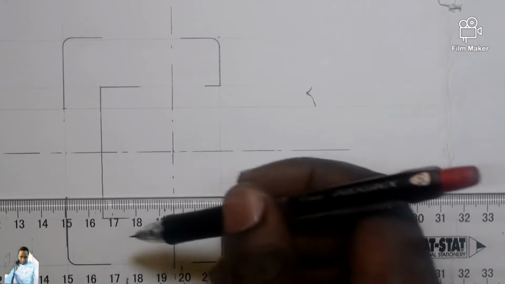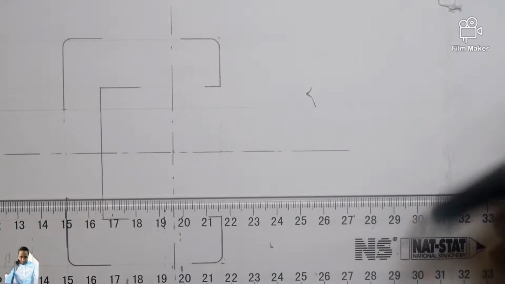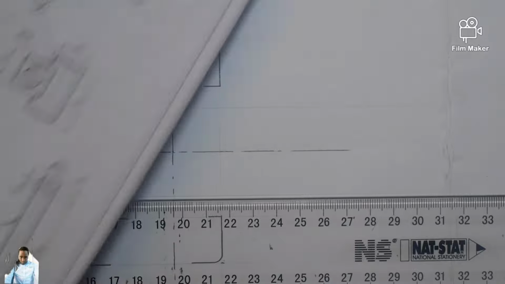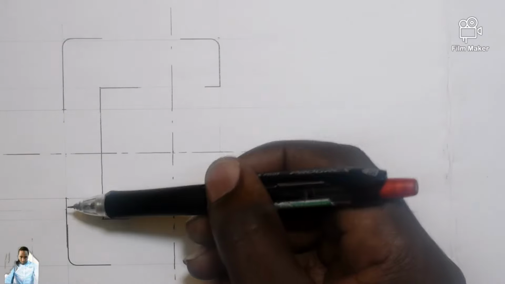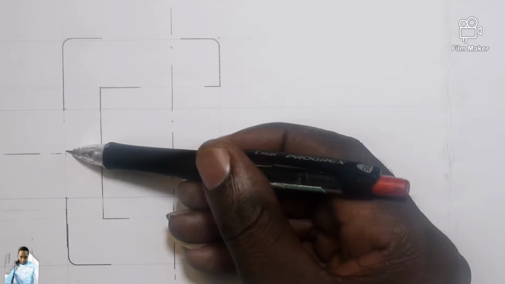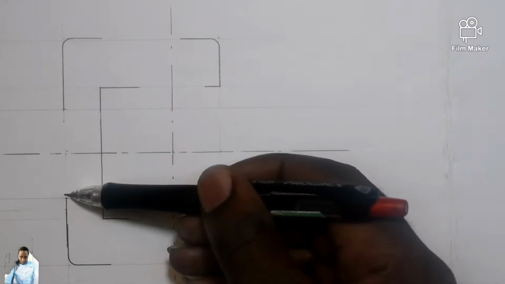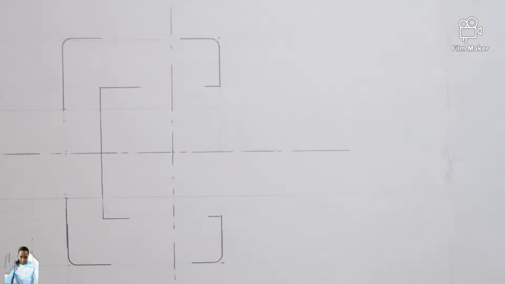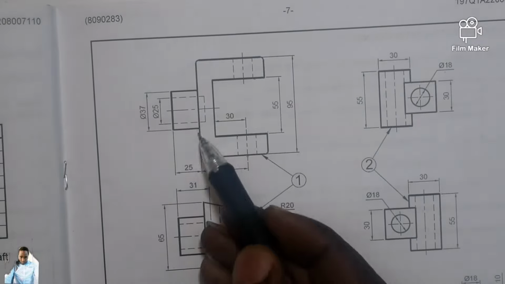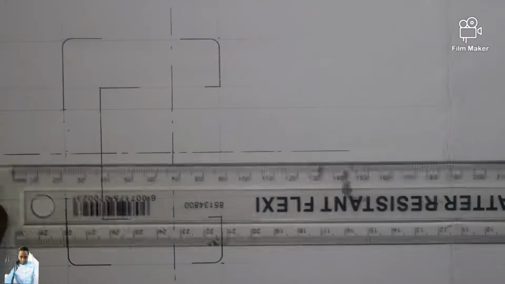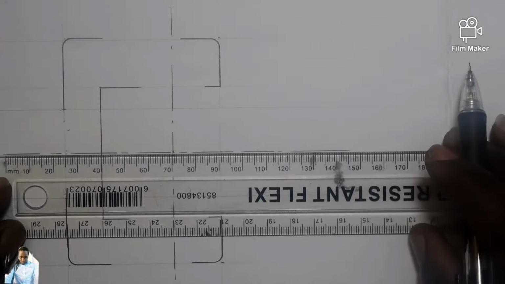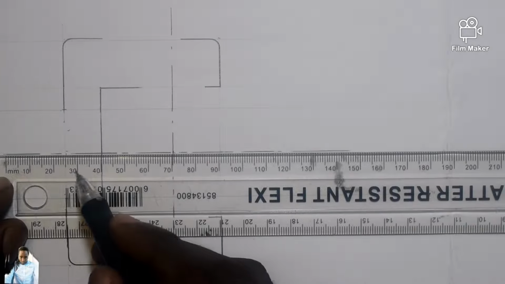So I can have a faint line this side and a faint line this side. So now I'm convinced that from here till here is equal, and again from here till here is equal to this one. By looking you can tell. So now from there till there is 25 millimeter, which is this one. 20, 25, 30.